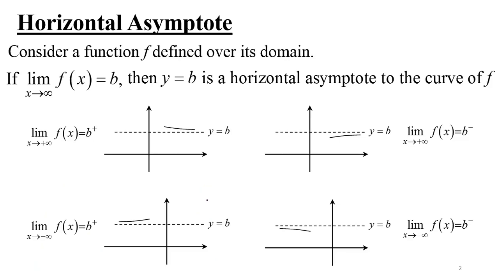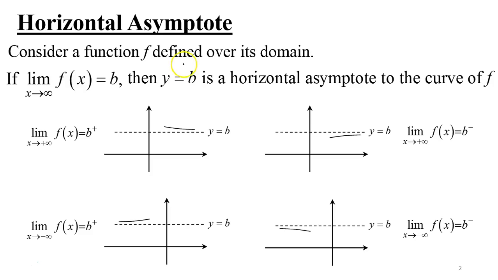We briefly defined that an asymptote is a straight line that the curve keeps on approaching but never touches. An asymptote could be horizontal, vertical, or oblique. We're going to tackle horizontal and vertical asymptotes now. The oblique asymptote, we're going to tackle in the next lesson.